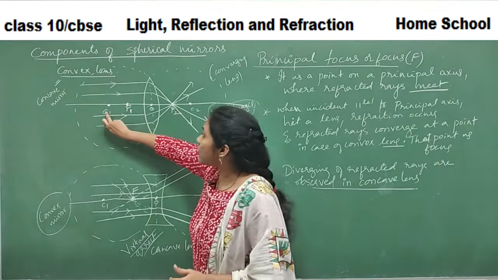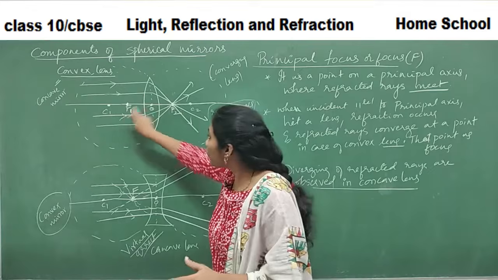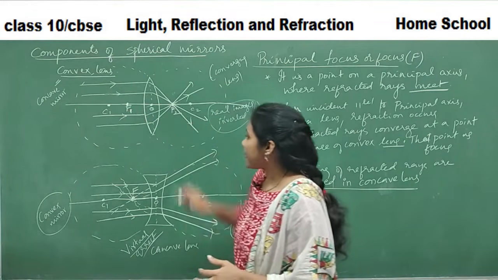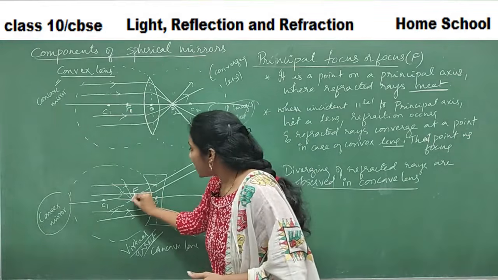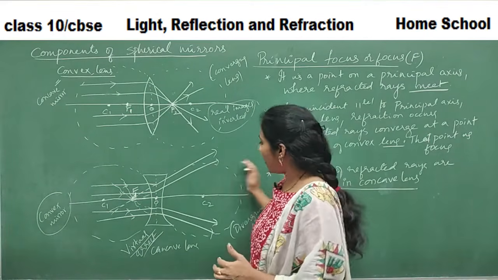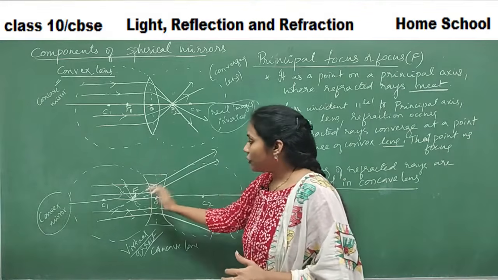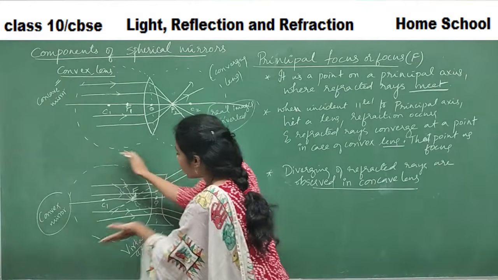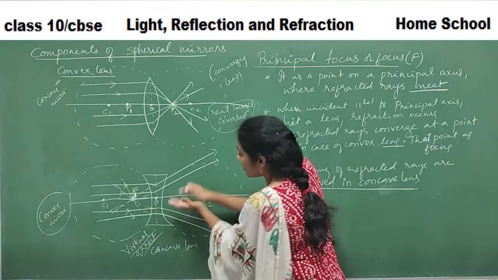When two centers of curvature are there, two focuses are also possible, right? So this is F1, this is F2. Similarly, if I pass the incident rays from this side, refraction occurs, they diverge and appear to meet on this side, right?